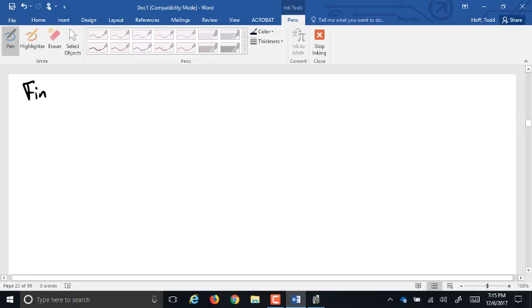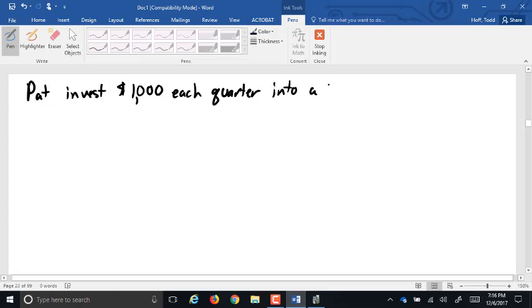Okay, so you ready for this one? This one's going to lead us into our break, probably. Pat invests $1,000 each quarter into a 10.7% annuity due for 25 years.